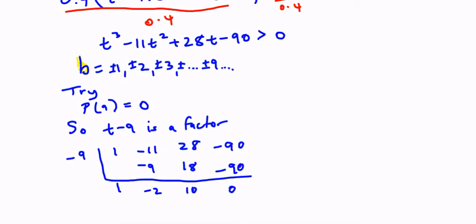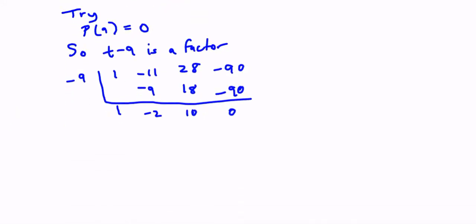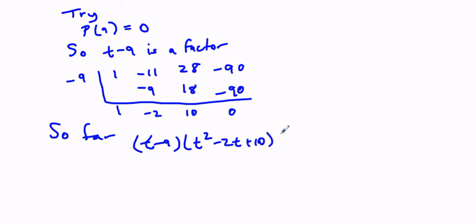So far, what I know is that I have t minus 9, almost wrote an X there, times t squared minus 2t plus 10 is greater than 0. Okay, so I have to factor this if possible.